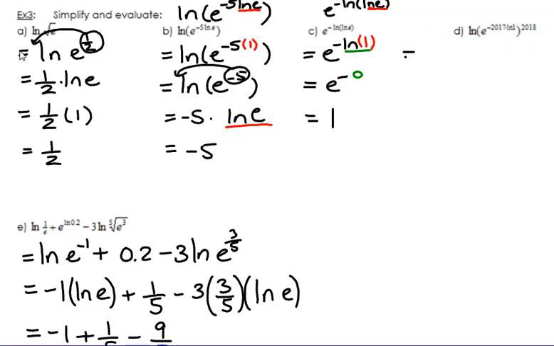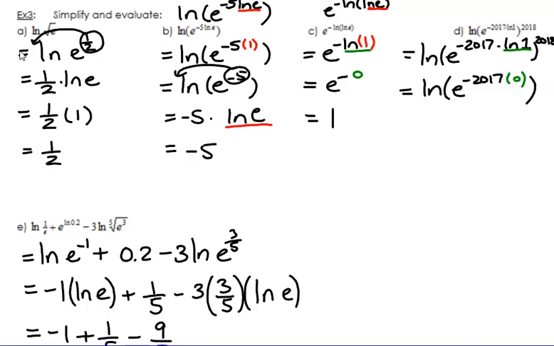Equals ln, nice and big, e to the negative 2017 times ln 1, to the power of 2018. Let's simplify this a little bit. Again, I would expect you to recognize that ln 1 equals 0.